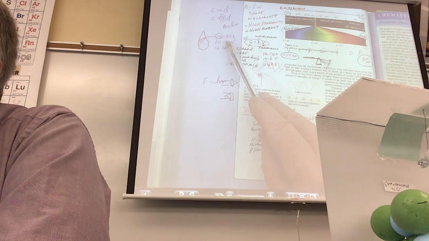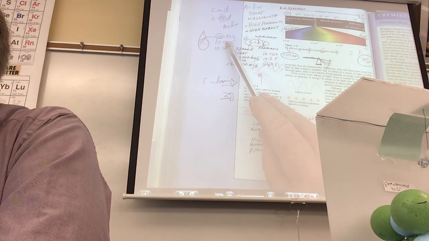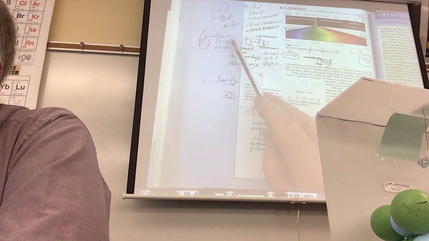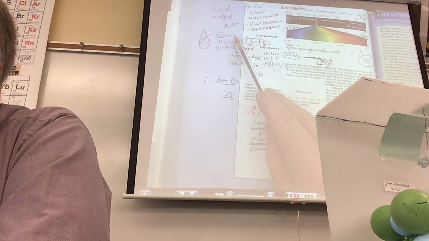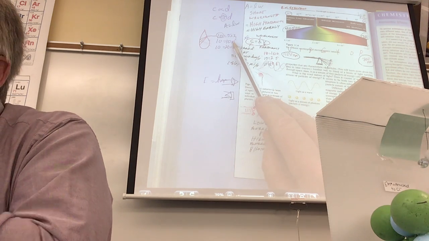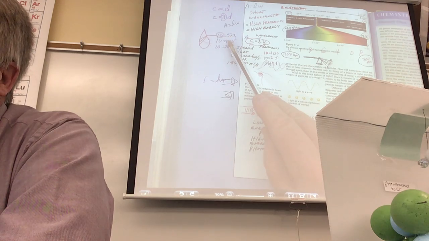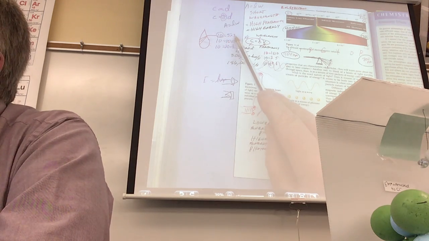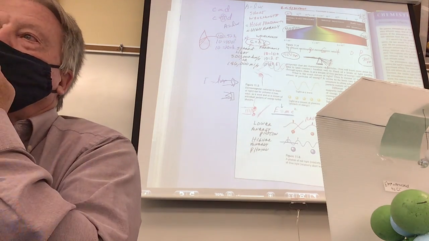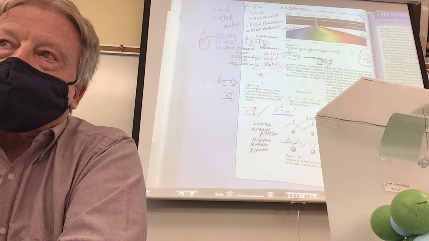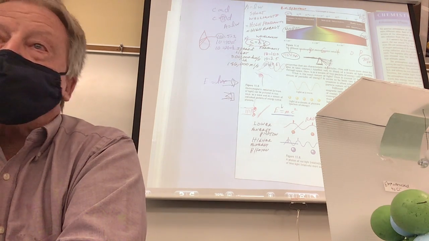If I made the wavelength bigger, what happens to this number? It got smaller, didn't it? As a matter of fact, this got 2 times bigger, this got 2 times smaller. And that's a fancy word. It's called inversely proportional. Wavelength and frequency are inversely proportional.